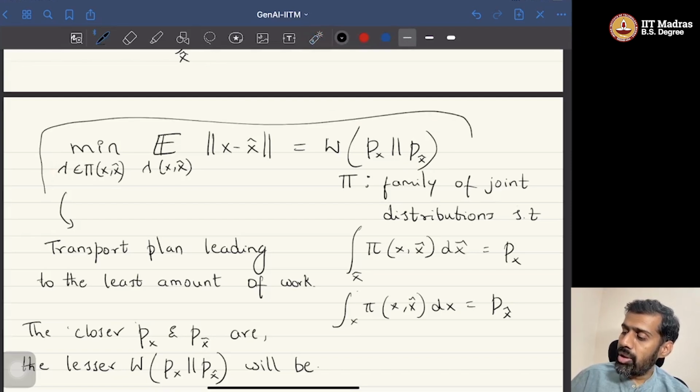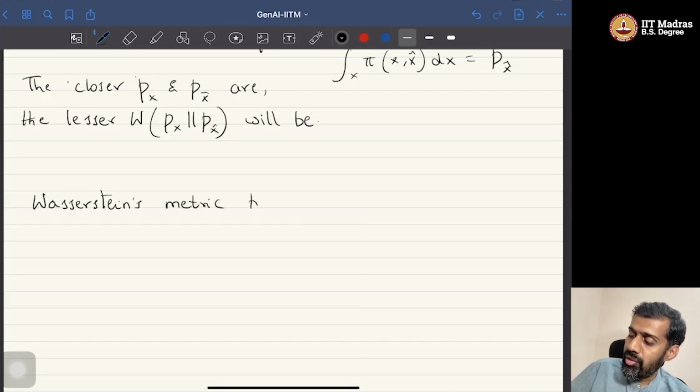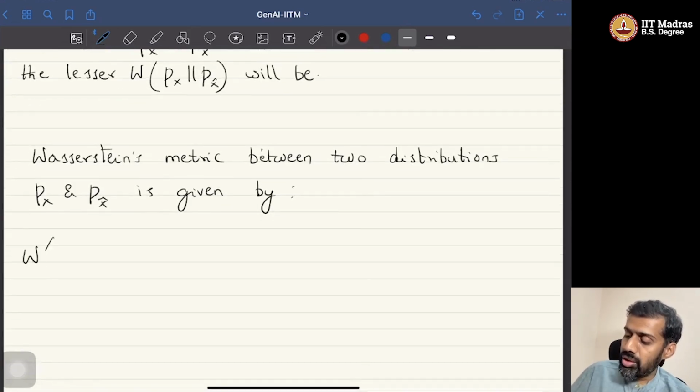Now the minimum amount of work done, let me rewrite it again. So the Wasserstein's metric between two distributions Px and Px cap is given by, so this is what is called the Wasserstein's metric.